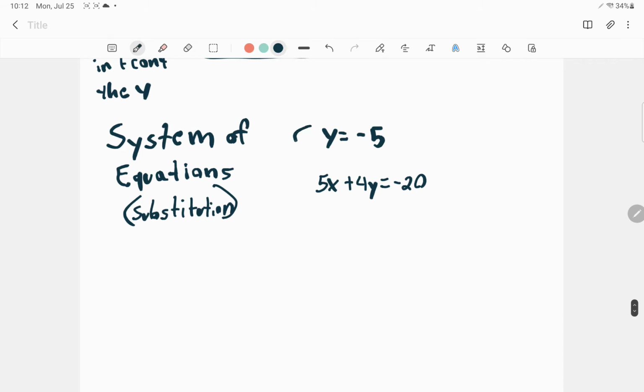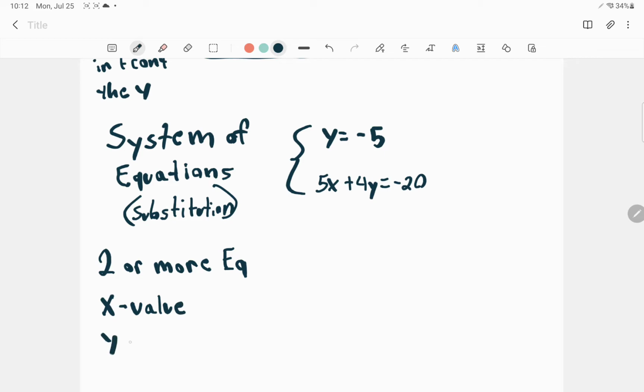So that's one set of system of equations. So, just overall, what is a system of equations? 2 equations or more, right? 2 or more equations. I'm just going to put EQ just so I don't write equations like 1,000 times. Now, there's going to be an x value and a y value.